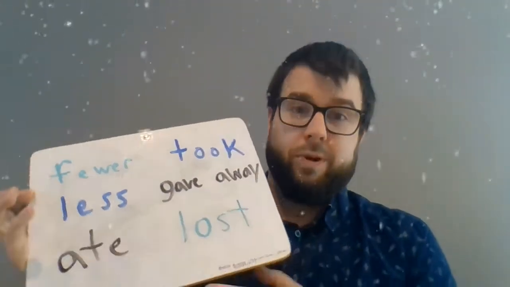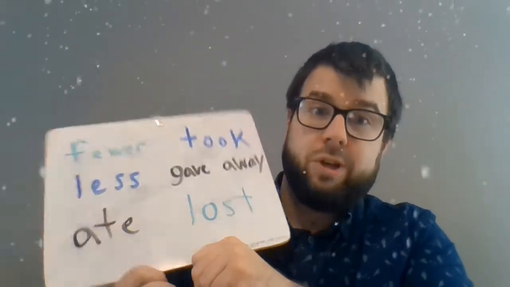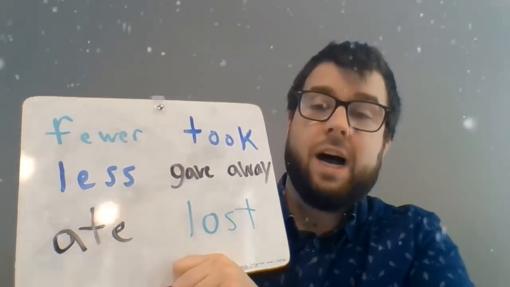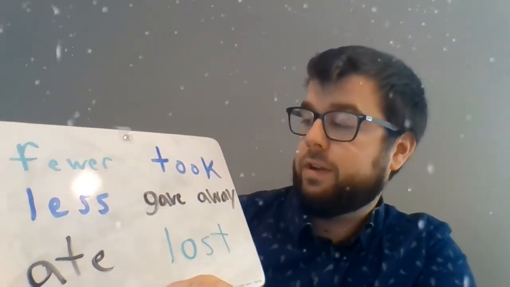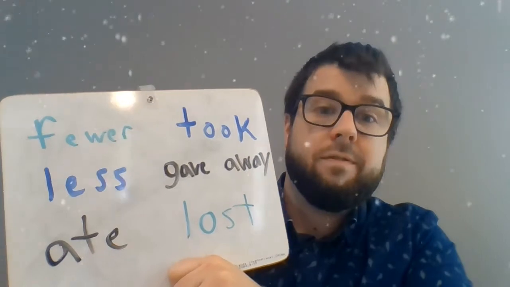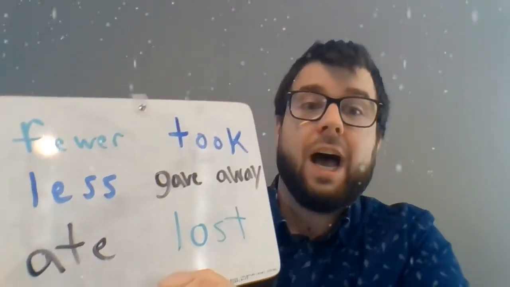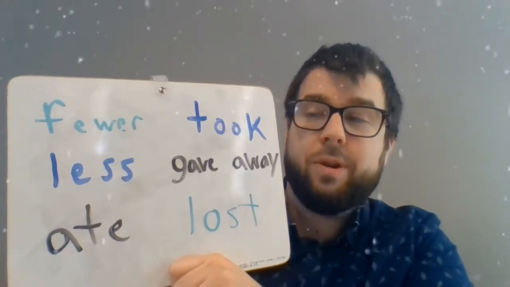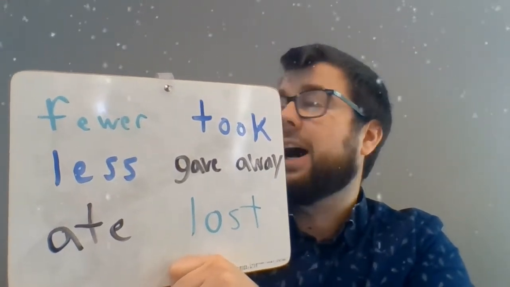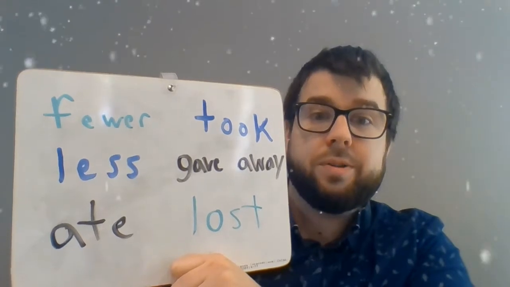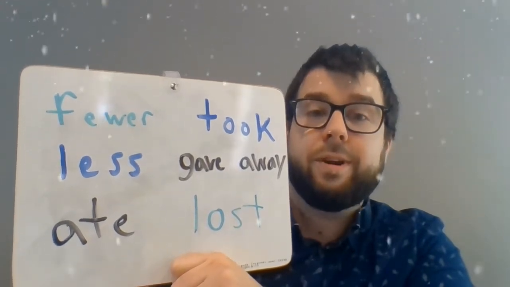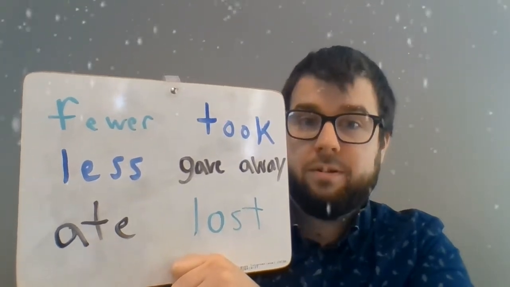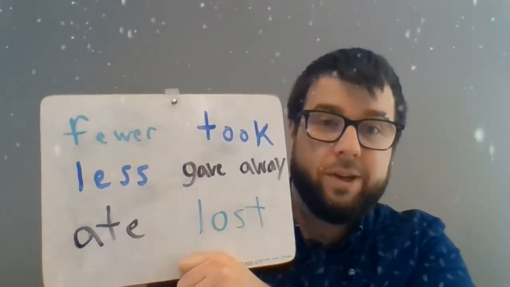For this next one, I'm going to have you solve it with your fingers. I have 5 red balls. I gave away 3 of my red balls. How many red balls do I have? So what is the word that's telling us it's subtraction?